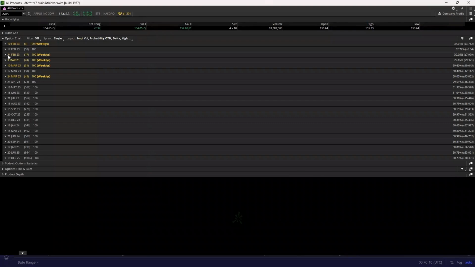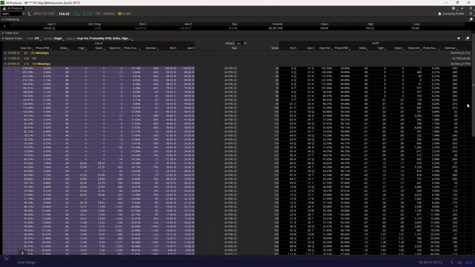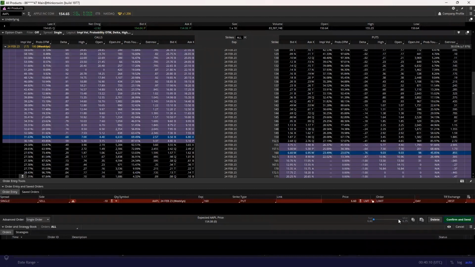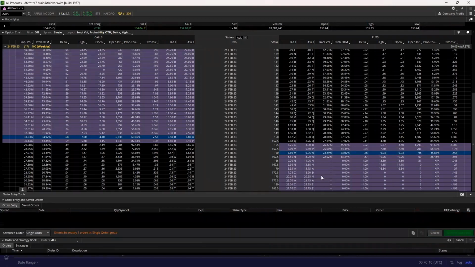Well, rolling simply involves buying to close the short premium, that 160 strike, and then reselling to open it at a further out expiration. But I only want to do that if I can get an equal or greater credit. Well, in this case, yeah, I could do that. If I were to roll today, I can go out to the 160 strikes that expire February 24th and see that I can collect 675 at the mid. So I can collect a bit of a net credit.